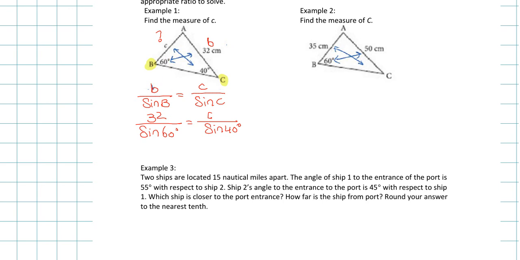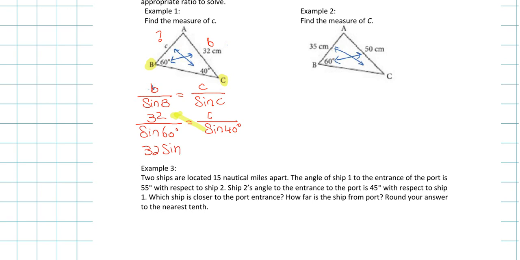So we're only going to bring this sine 40 up here, so it's multiplication, because the opposite of division is multiplication. So that's going to be 32 times sine 40, over sine 60, which is equal to C.